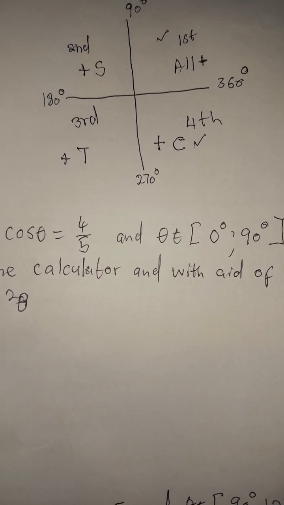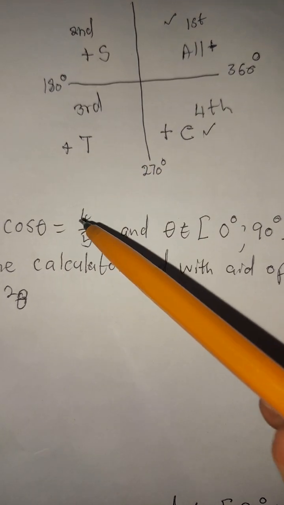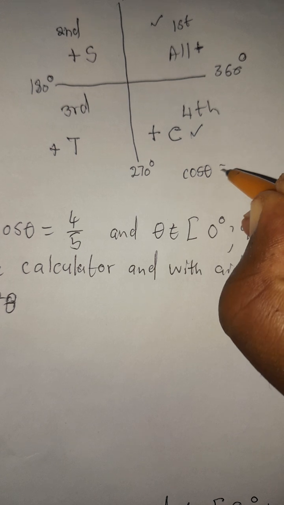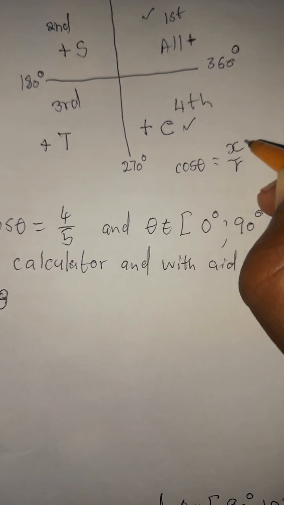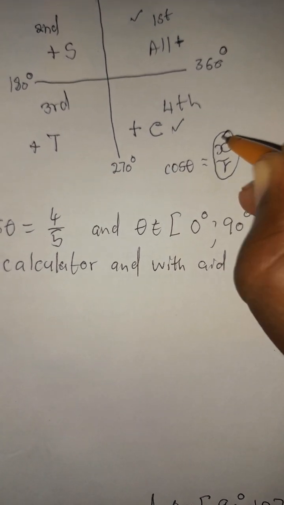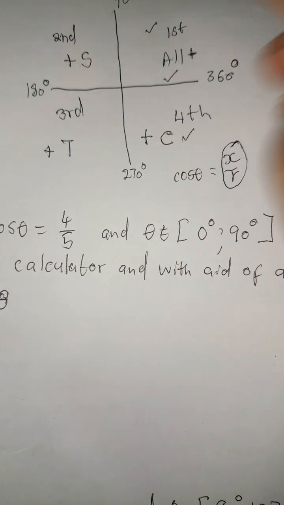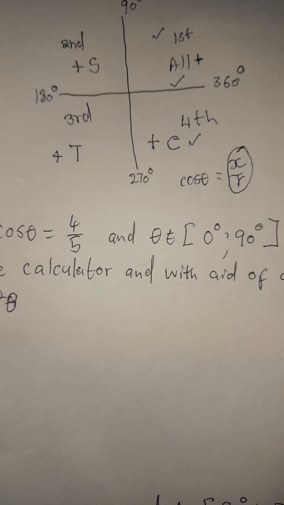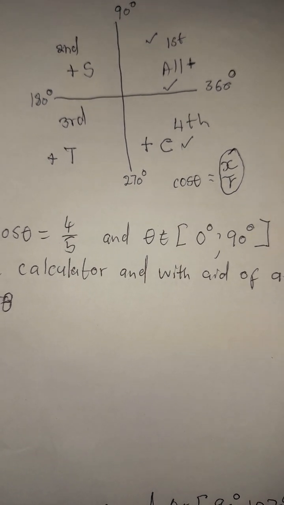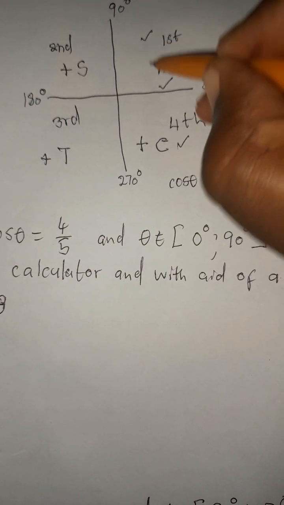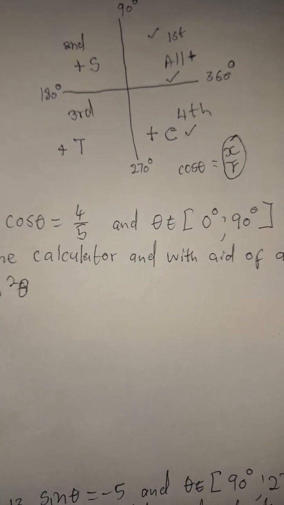But remember, cos theta is x all over r, adjacent all over hypotenuse. Because x is positive, it's on this side, right? X is positive, and our r is always positive. So preferably we'll have 2 ticks here, meaning that our diagram will be in the first quadrant.